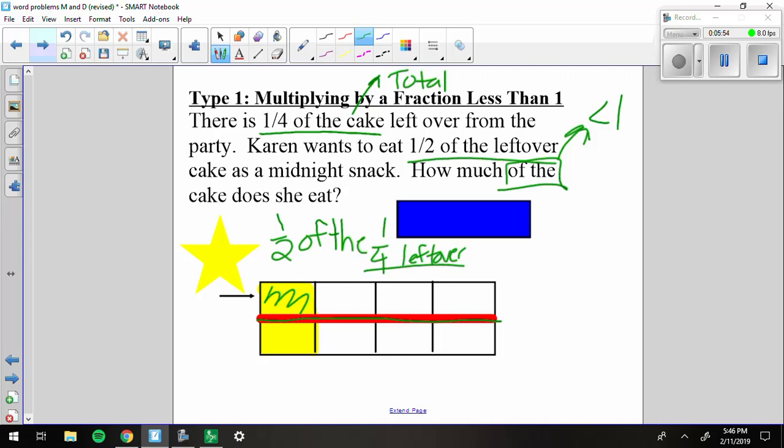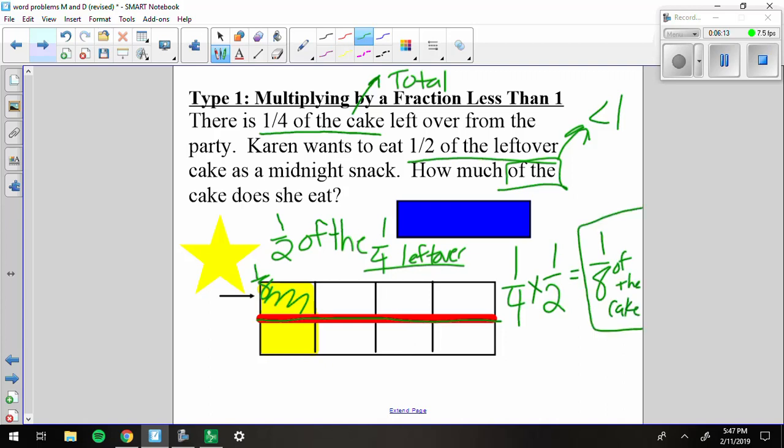Well, this now becomes 1/8. Let's find out. My total, 1/4 times 1/2 equals 1/8 of the cake. Funny how that works out, isn't it? All right. There are two problems.